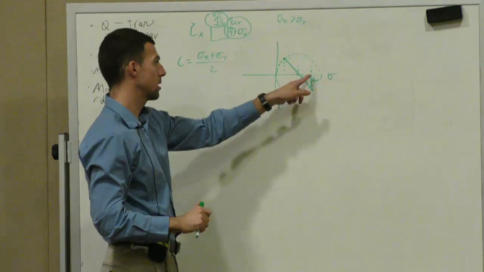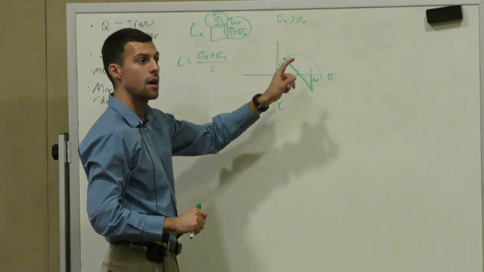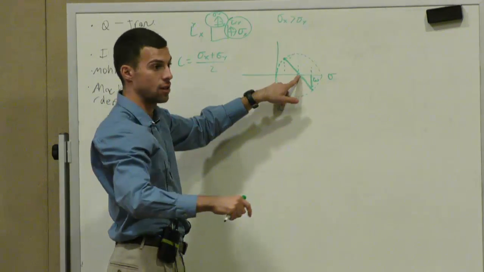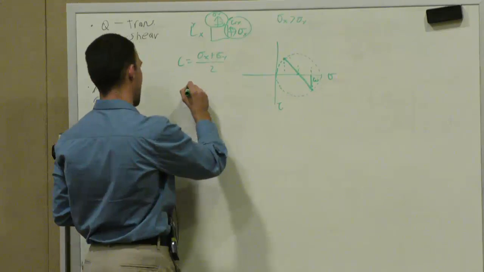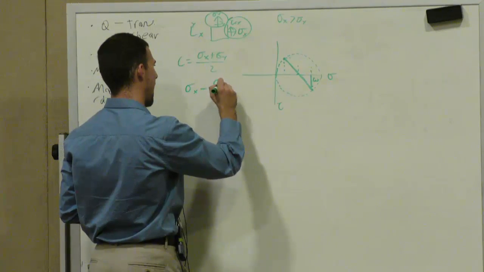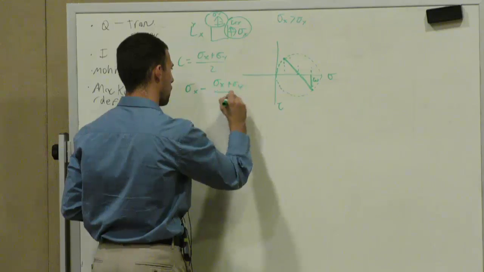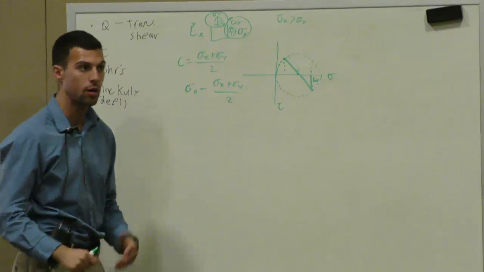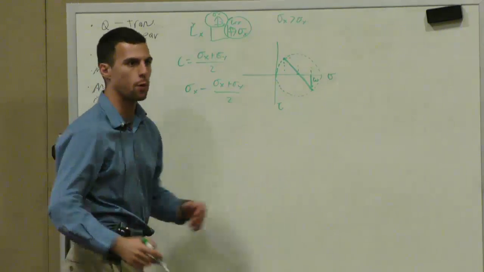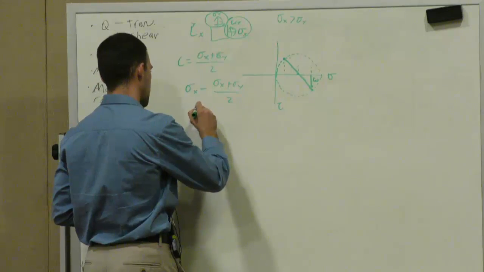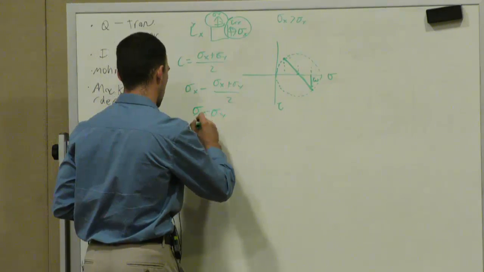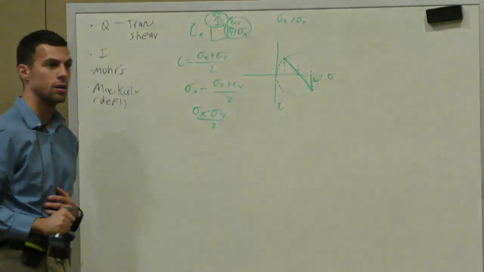Sigma x minus the center, right? So it's sigma x minus sigma x plus sigma y over 2. If you do the algebra there, I hope you all can do that, you end up with sigma x minus sigma y over 2. All right?